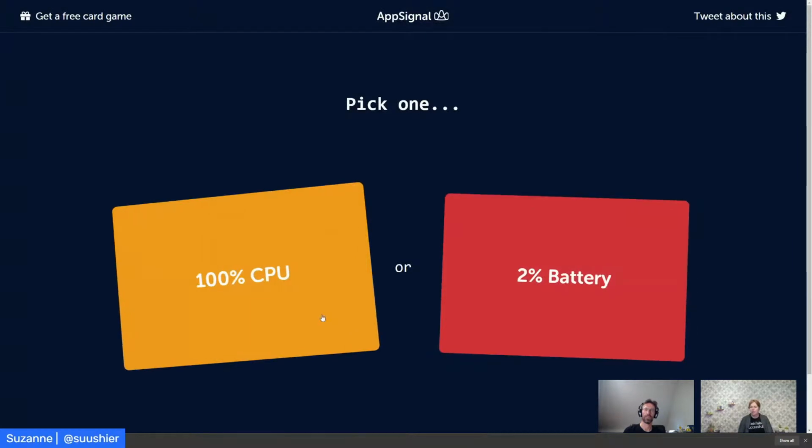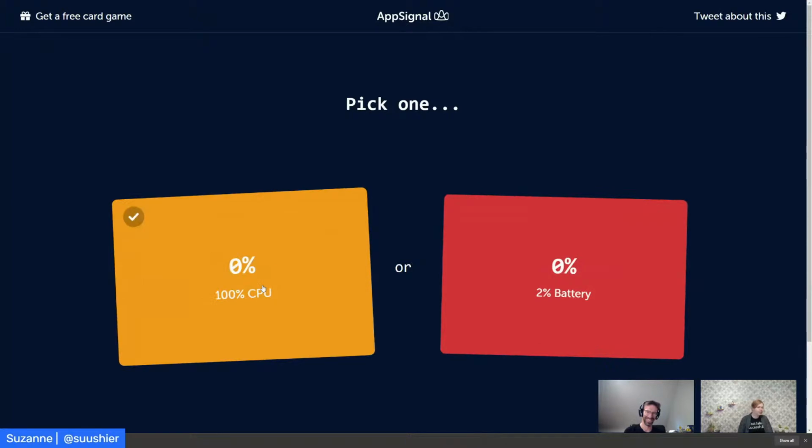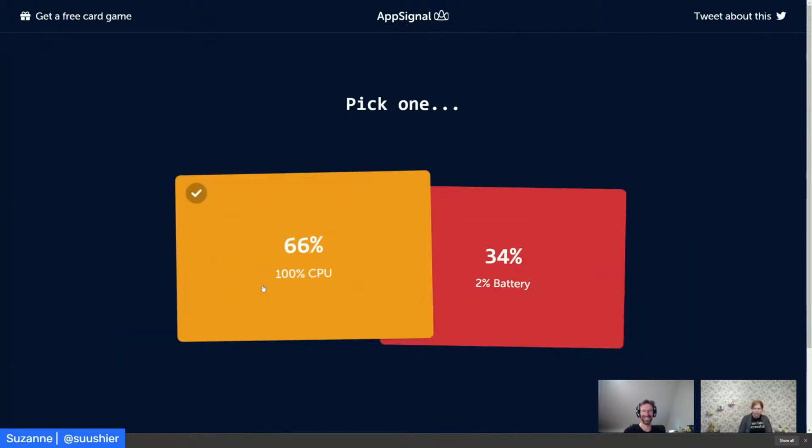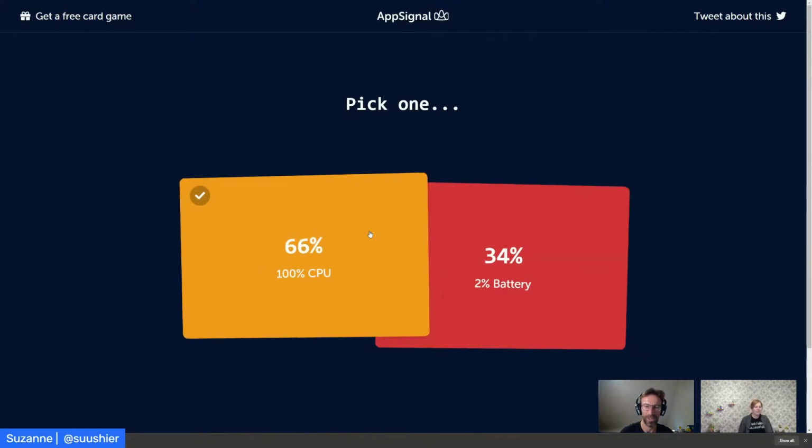100% CPU or 2% battery. Well, for me, the choice is easy because I have a laptop which is always at 100%. You're used to that situation. Yes, and I totally need my phone to be able to communicate with the world. So basically, your phone is an extra core to your machine.